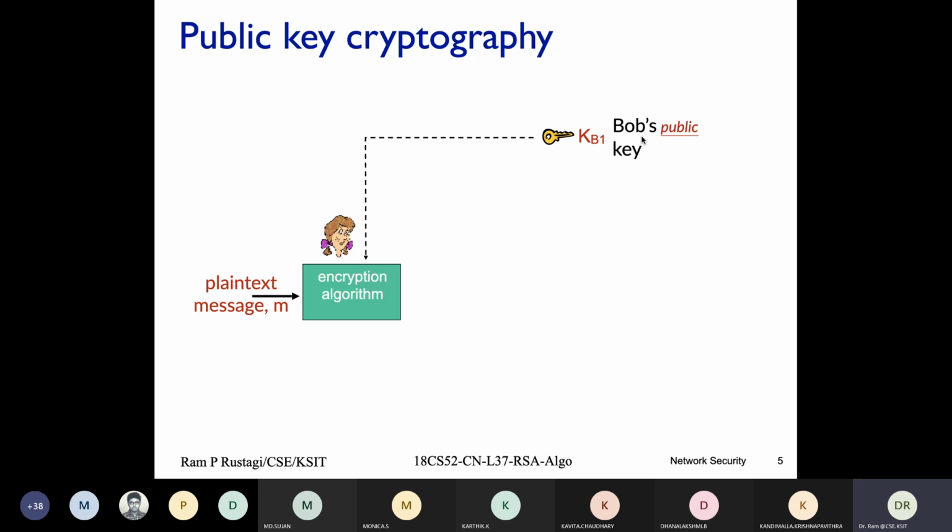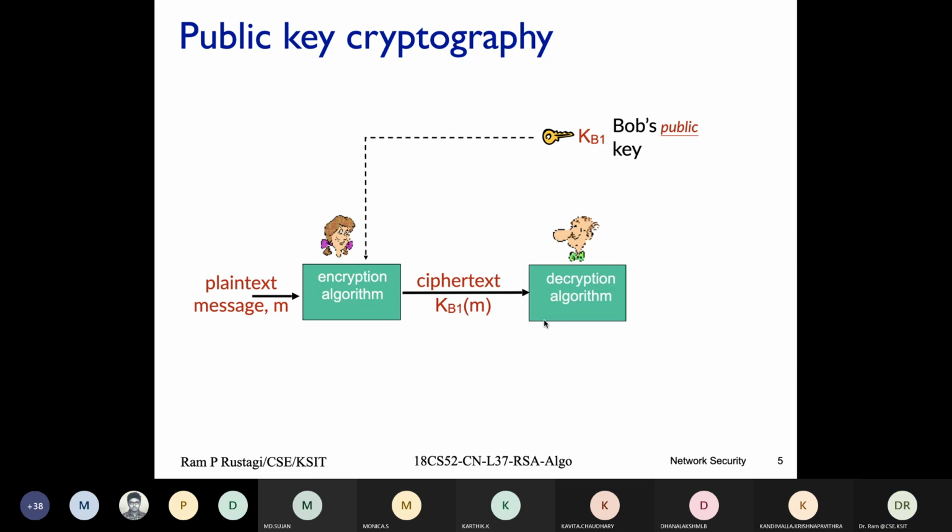She uses Bob's public key, which is called KB1. Using the algorithm and public key KB1, she encrypts and gets the ciphertext by applying KB1 to message M. Then this ciphertext, or encrypted message, goes to Bob. Bob has to apply the decryption algorithm on the ciphertext.